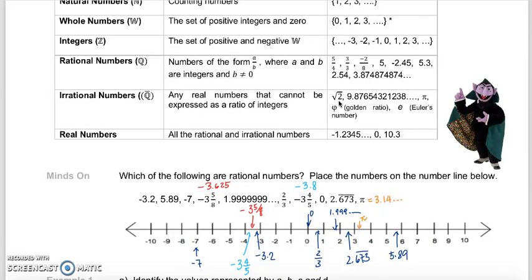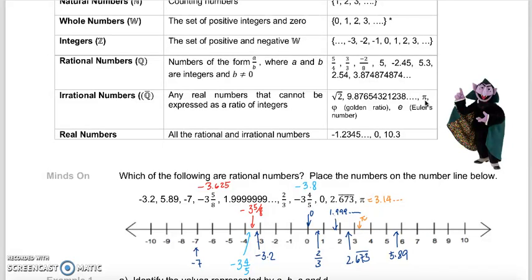Some of these numbers would include square root of 2, square root of 3, square root of 5. Those are irrational numbers. A non-repeating decimal number like 9.87654321238, and so on, is also an example of an irrational number.